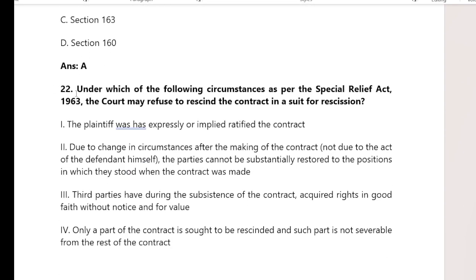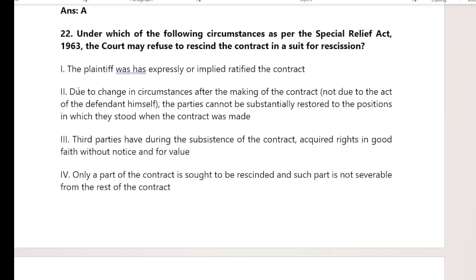Okay. And the next question is, under which of the following circumstances as per the Specific Relief Act 1963 the court may refuse to rescind the contract in the suit of rescission? Statement दी है, the plaintiff has expressly or impliedly ratified the contract, and due to changes in the circumstances after the making of the contract, not due to the act of the defendant himself, the parties cannot be subsequently restored to the position in which they stood when the contract was made.